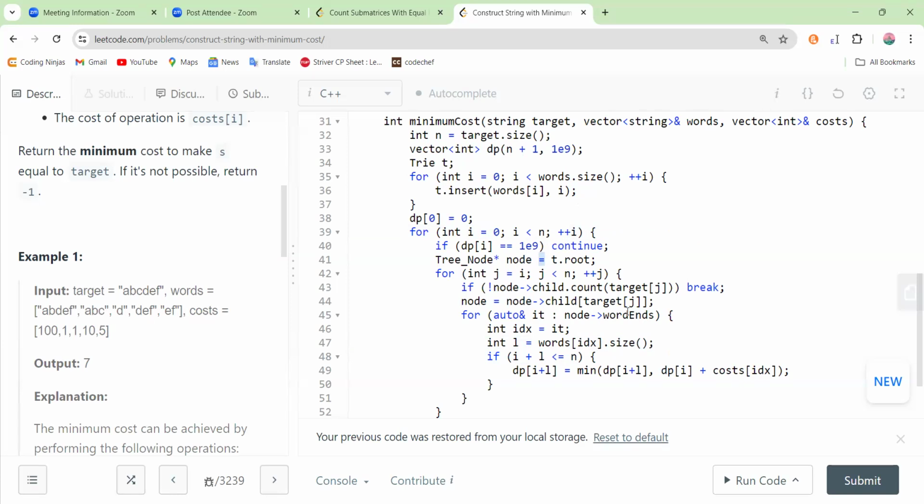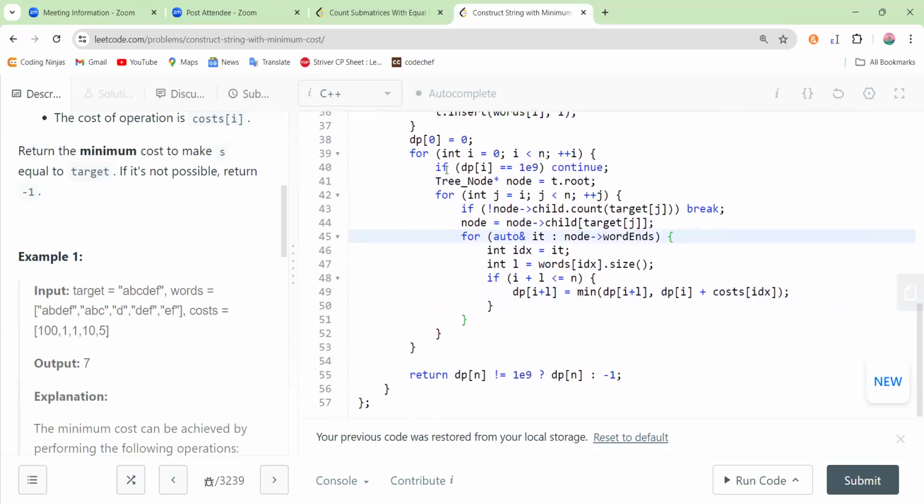So if i plus L is less than or equal to n, can I say that dp of i plus L is the minimum of dp of i plus L, comma, dp of i, that is the cost of constructing the first i letters, plus the cost of using this particular word, which is stored in this particular index idx of the cost vector. So I can write dp of i plus L as minimum of dp of i plus L, comma, dp of i plus cost of idx.